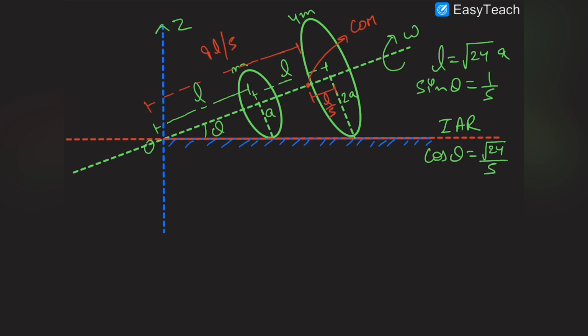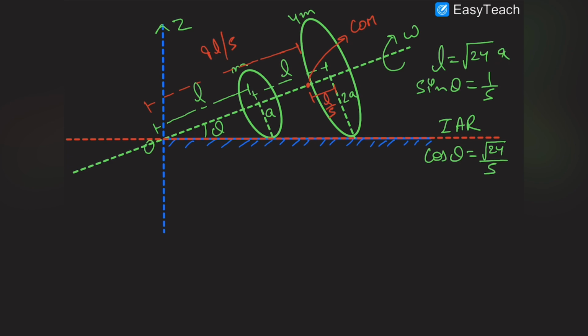Now sine theta would be equal to perpendicular upon hypotenuse. The perpendicular is 2a and the hypotenuse is this one. You can easily find this distance from the relation of L and a given. So L is equal to root 24 a.